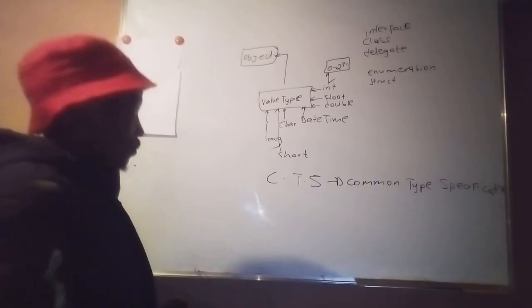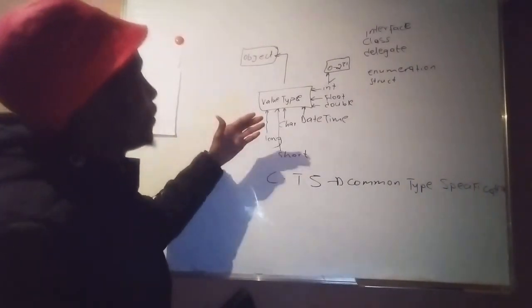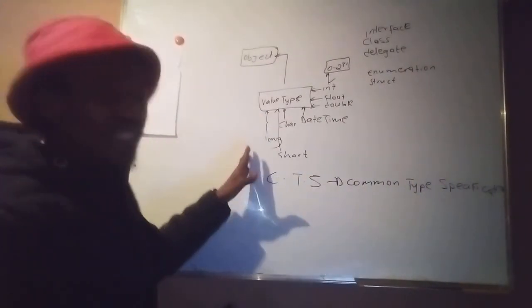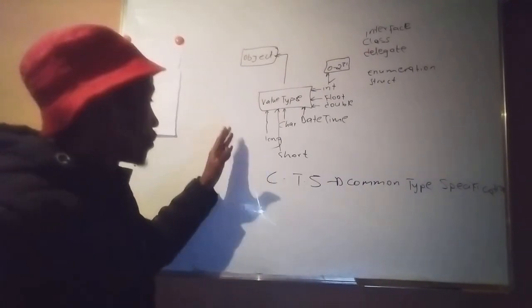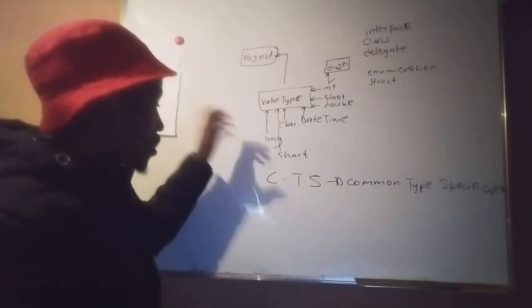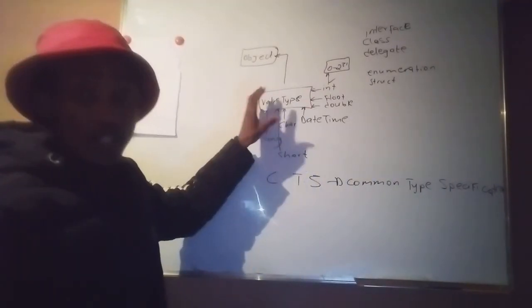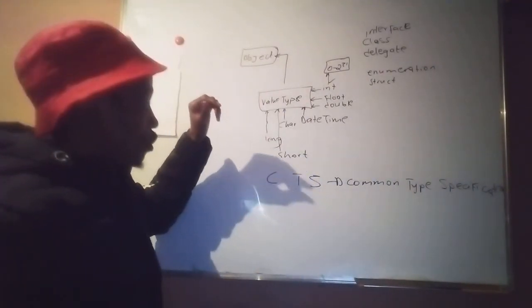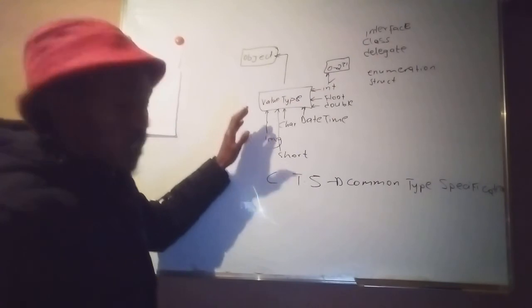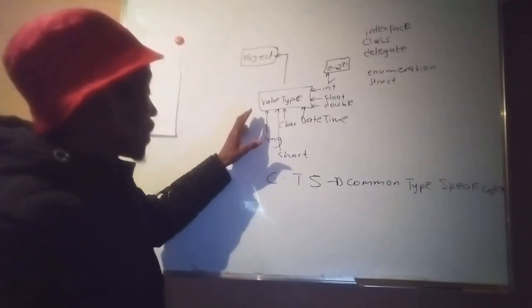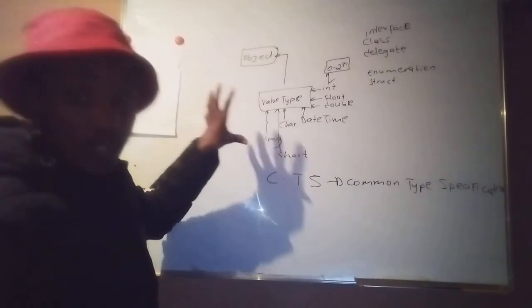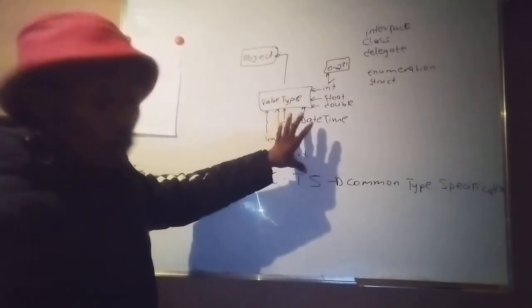Cool. Normally these types, we refer to them as simple types. So when they talk about simple types, you can give three of these. They are also more often referred to as intrinsic data types. So when they say intrinsic data types, they refer to these types.